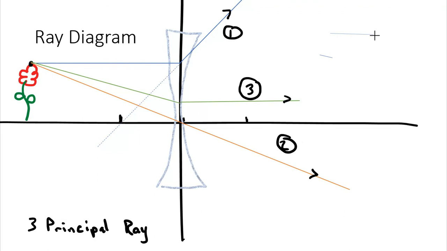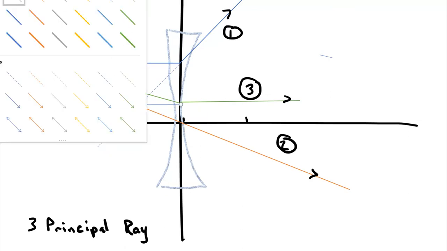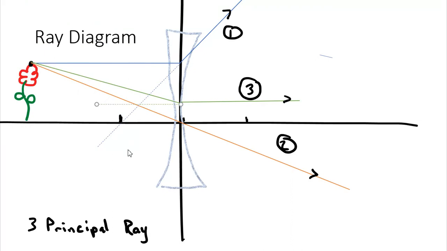Which means just horizontally. So I trace this one back. It's slightly off, but it's not much off. And then I trace the orange one back, but the orange one is just a straight line. So tracing it back, I'm staying on that line. Then all of a sudden I see that these 3 rays of light, they don't actually cross here.